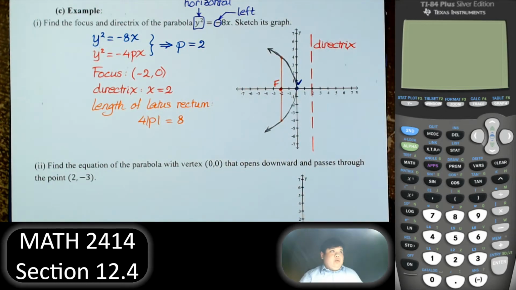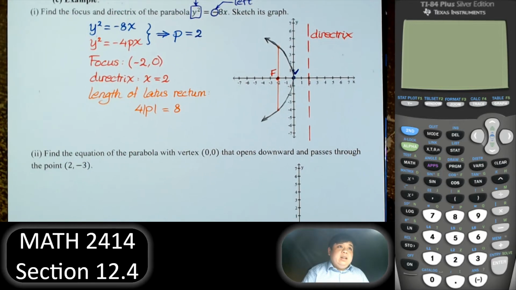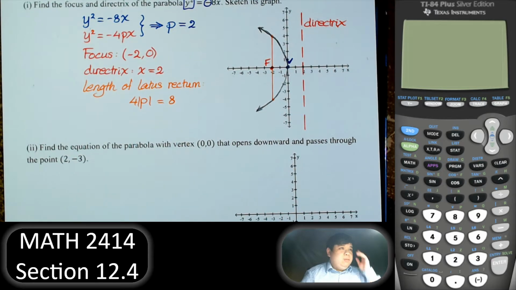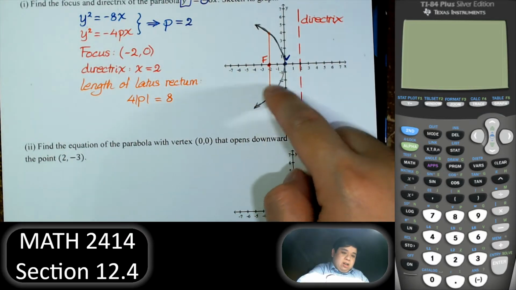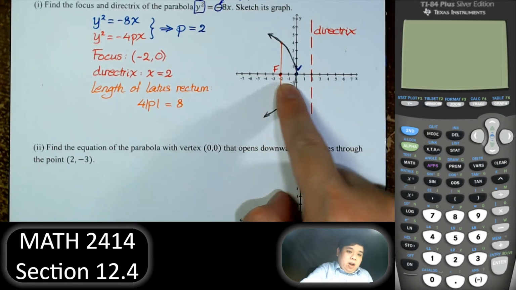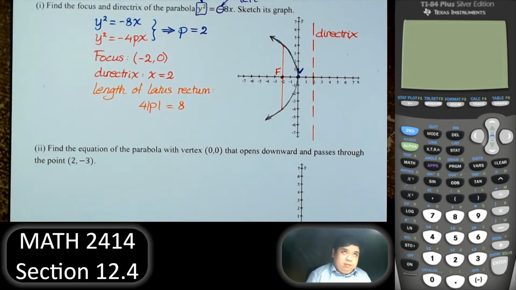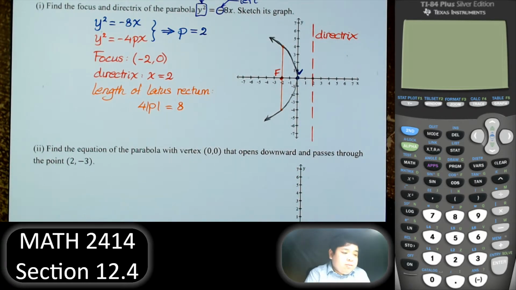So that's what we have. It's always helpful if we put everything on the graph. So again, vertex in the middle, focus on one side, directrix on the other side. The graph will go around the vertex, around the focus, away from the directrix. So that's what we have.